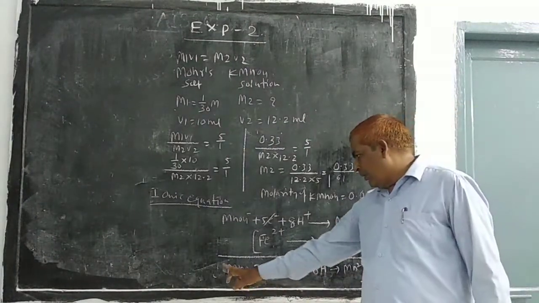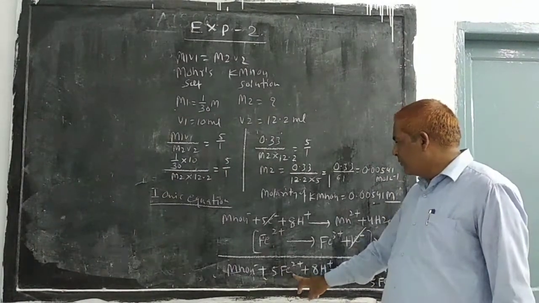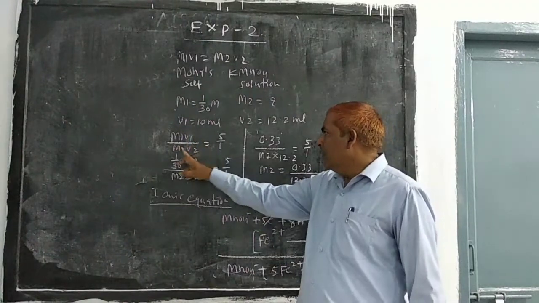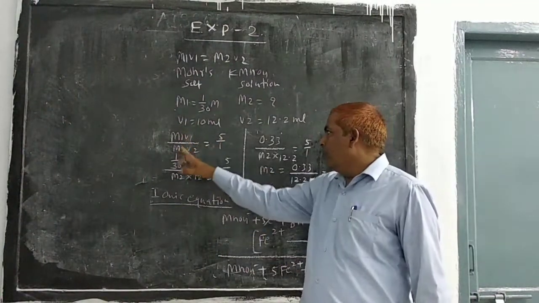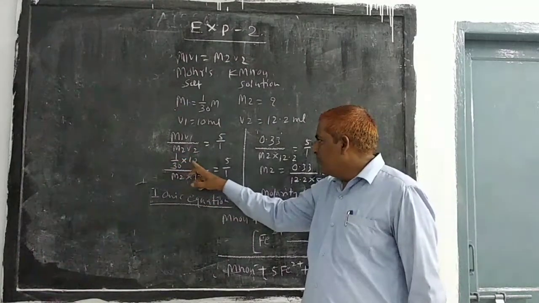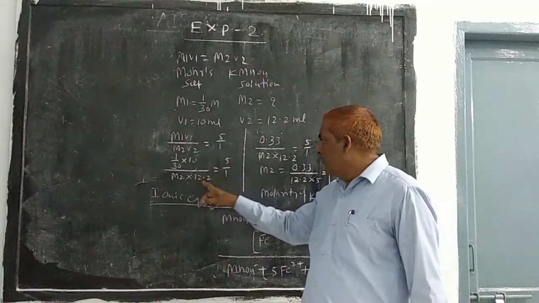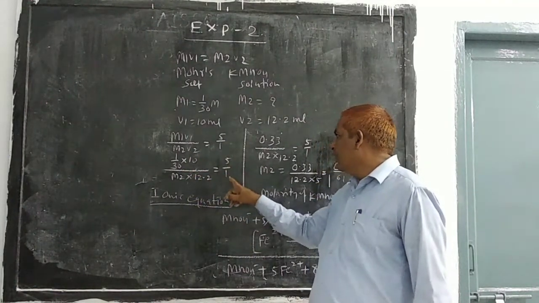Now from the ionic equation, one part of KMnO4 oxidizes 5 parts of the Mohr salt solution, so this ratio becomes M1V1 by M2V2 equal to 5 by 1. Value of M1 equal to 1 by 30 into 10, value of V2 that is 12.2, equal to 5 by 1.